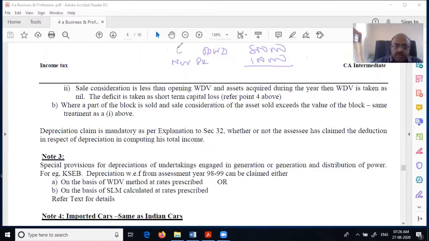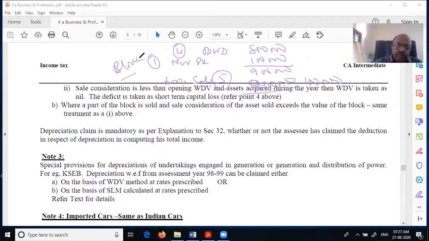So there are 4 assets here, plus the one asset you have purchased, 9 lakhs. Less sale. All the 5 assets you have sold for, say, 8 lakhs. Still there is a WDV of 1 lakh. But you cannot charge depreciation on that because the whole block is gone.